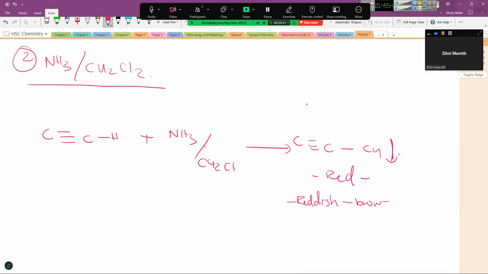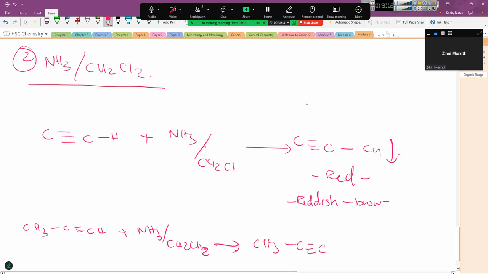That doesn't matter, right? For example, let's say we have CH3, C triple bond CH, and we put ammonia Cu2Cl2. What will happen? We will get a red color precipitate. And the structure is CH3, C triple bond C, Cu. This is our red color precipitate.